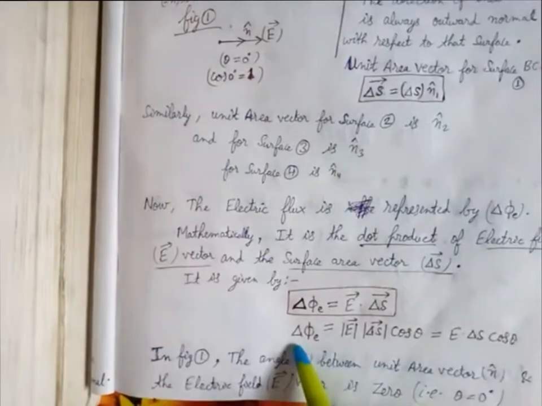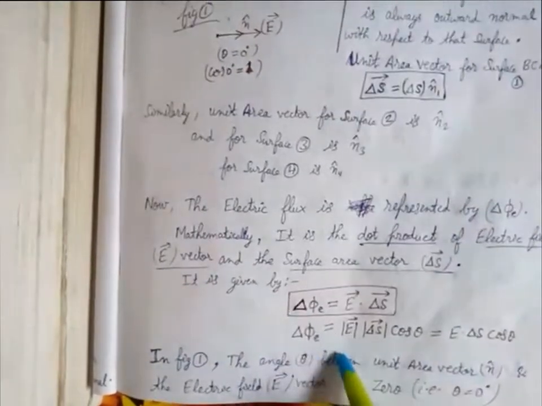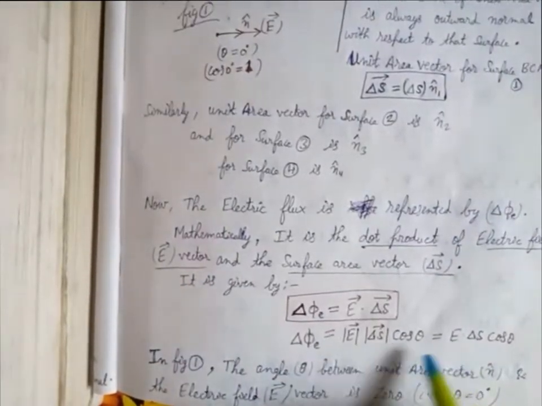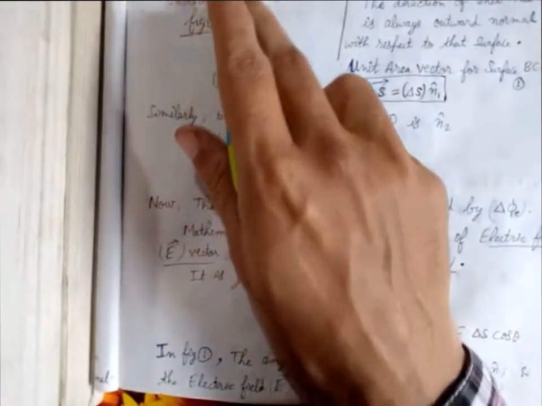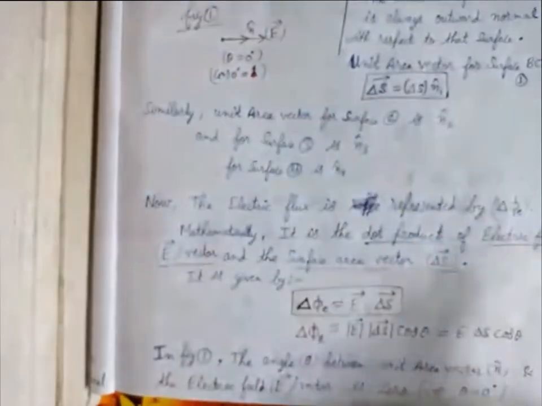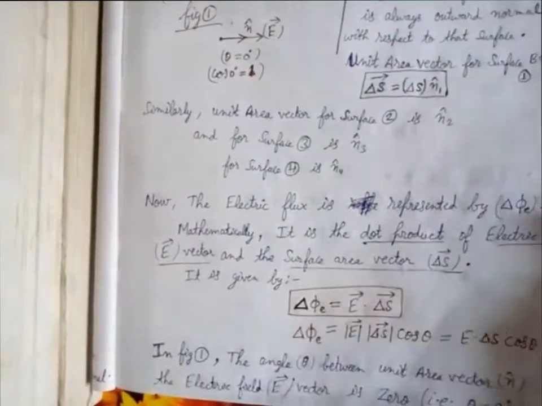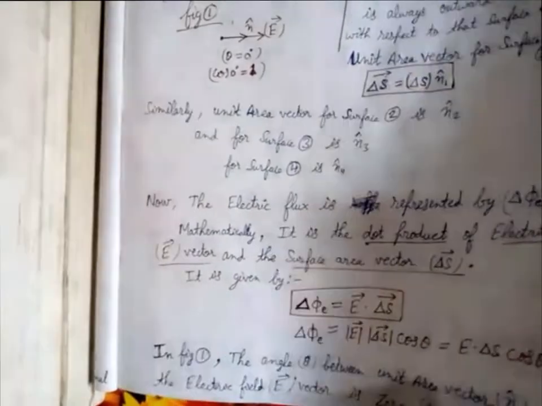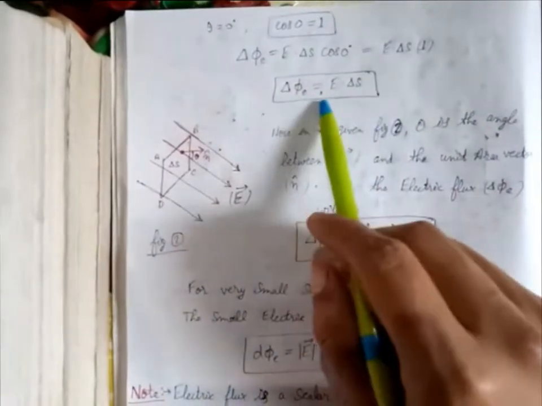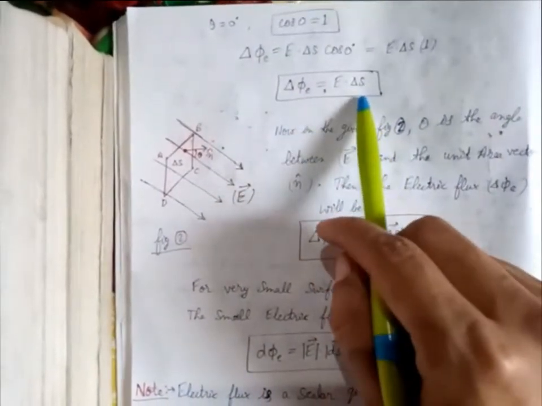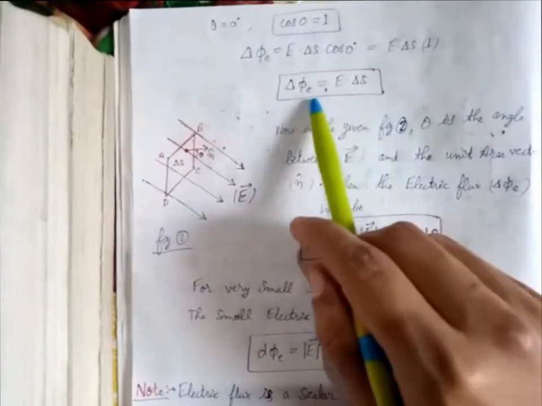So this is the maximum value of the flux we get, when the electric field is perpendicular to the cross sectional area, or we can say the electric field is in the same direction as the unit area vector. Since cos 0 is 1, delta phi will be E into delta S. This is the maximum condition for electric flux.